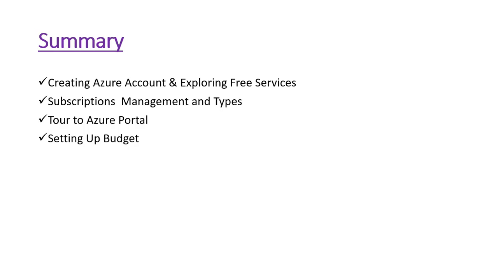So now we came to the summary of this tutorial. From this tutorial, we learned how to create a free Microsoft Azure account, and we also explored the services offered by Microsoft Azure for the first 12 months free, and services which are always free in our account.